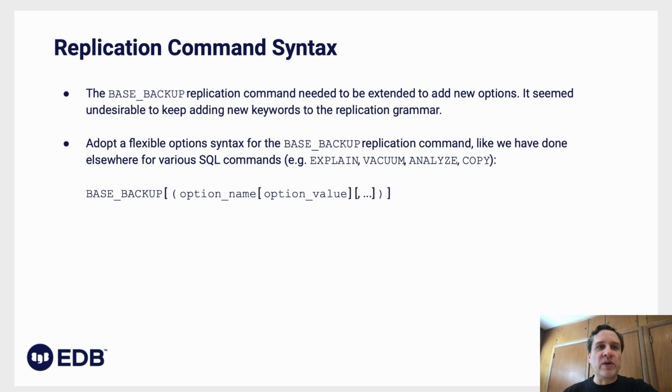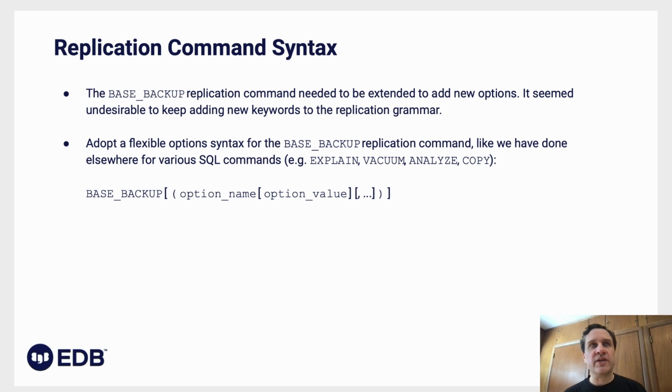So one problem we ran into, which wasn't a huge problem, but we did have to resolve it, is we needed to add some new options to the BASE_BACKUP replication command. PostgreSQL has a separate replication command language that is mostly used for replication, as you would expect, but it's also used as the way of allowing pg_basebackup to trigger a base backup on the server side.